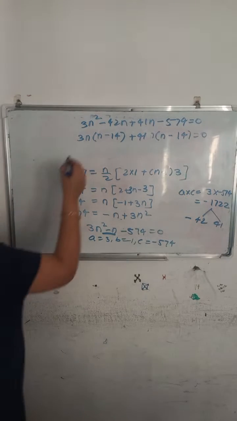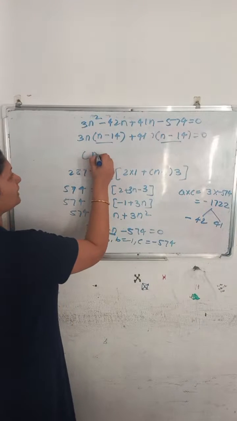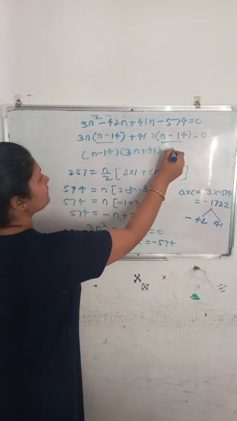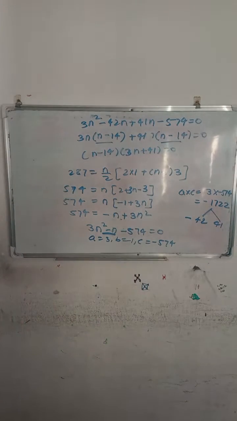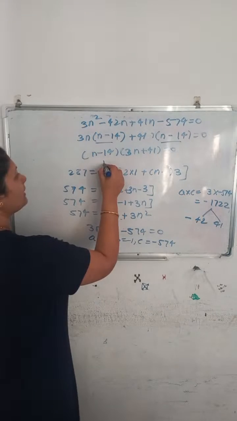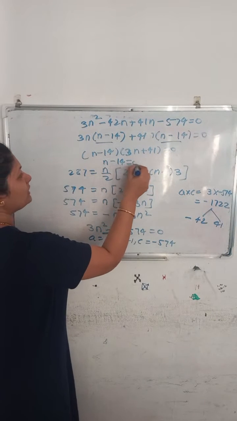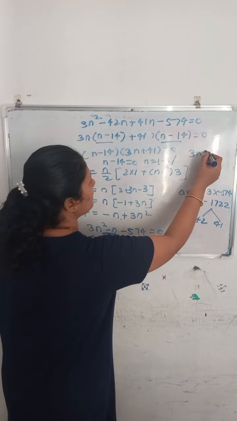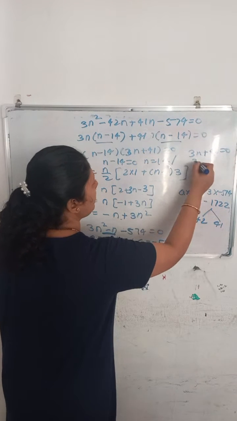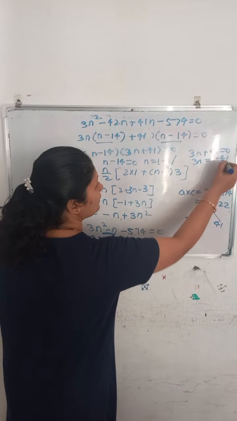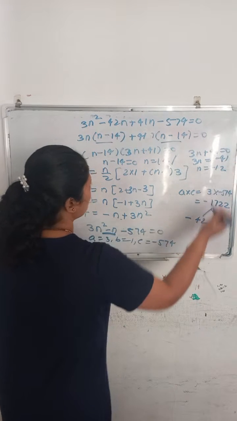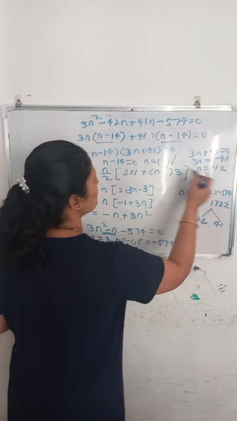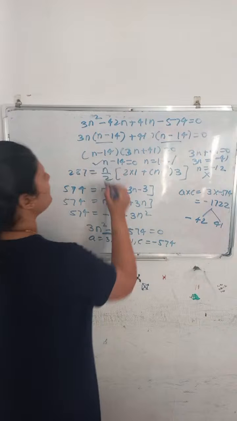So here you will get n minus 14 is common, and here 3n plus 41 is equal to 0. Okay. So n minus 14 is equal to 0, so n is equal to 14, and here 3n plus 41 is equal to 0, so 3n is equal to minus 41, so n is equal to minus 41 by 3. So the number of terms is never negative, so we are taking n is equal to 14.